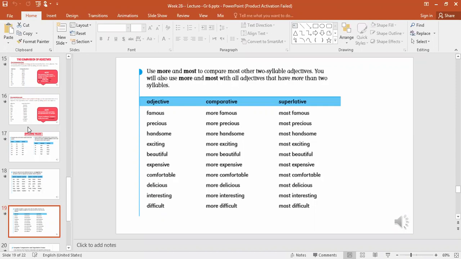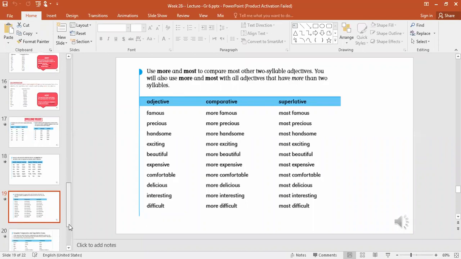So in this case, I gave you an example, using the base adjective for both forms, the comparative and the superlative. Okay? Any questions? No.